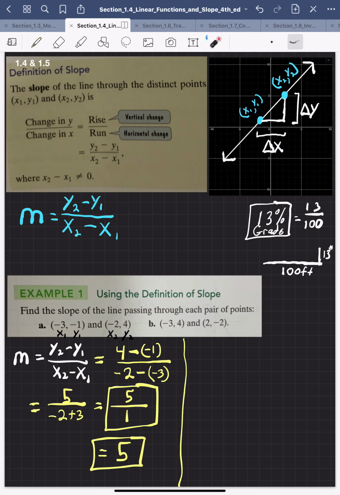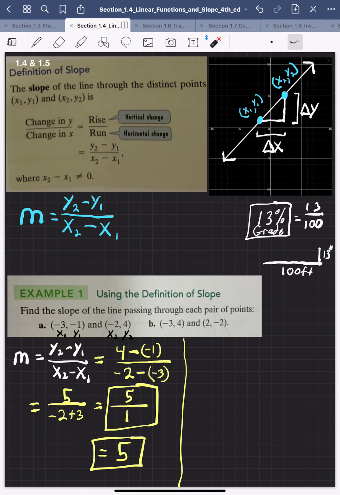Now let me answer that question. How did I know to call this point x1, y1 and call this point x2, y2? And let me say it doesn't matter. I could have called this point x1, y1, and I could have called this point x2, y2. You would have got the same answer.